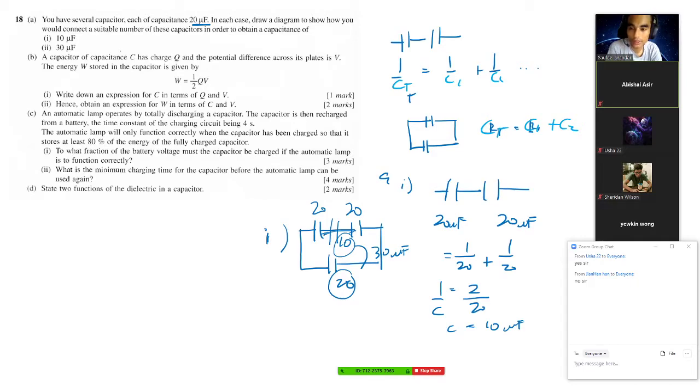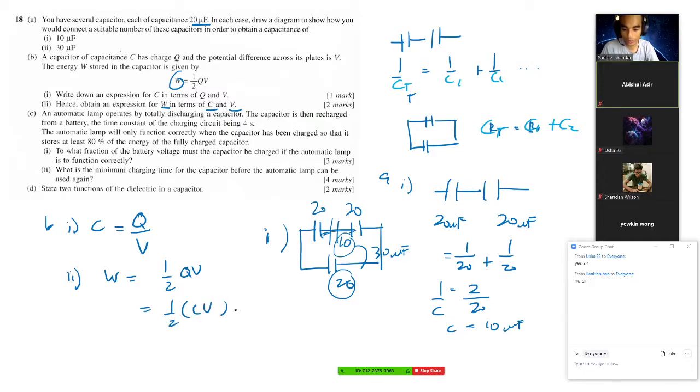Write the expression for C in terms of Q and V. C equals Q over V. Now obtain the expression for W in terms of C and V. W equals half QV, so Q is CV, giving half CV squared. This is only 2 marks.